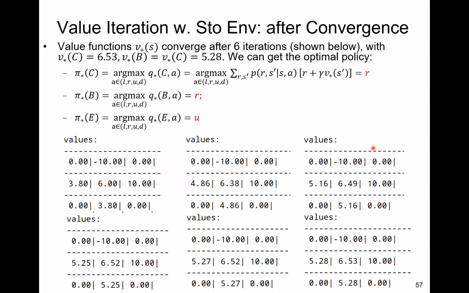If you work out the steps, this is a small program that returns the value functions across different iterations. It gradually converges towards these values, which are 6.53 for C and 5.28 for B and E.